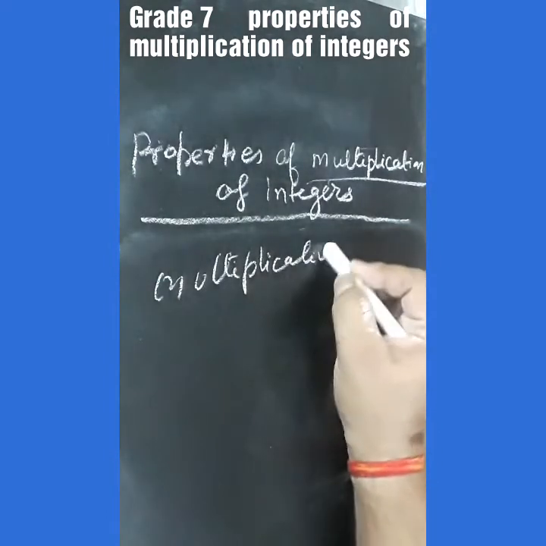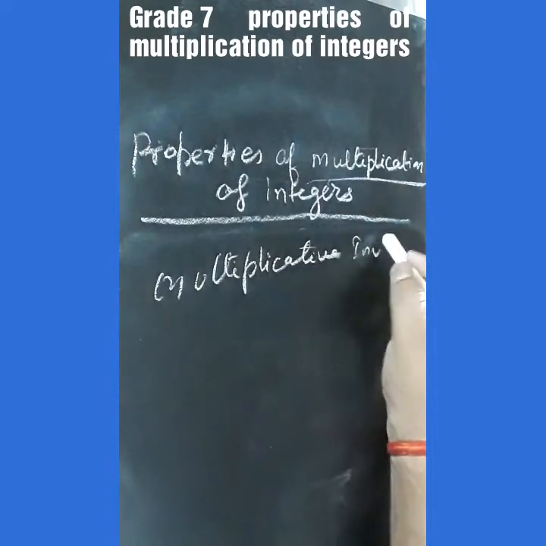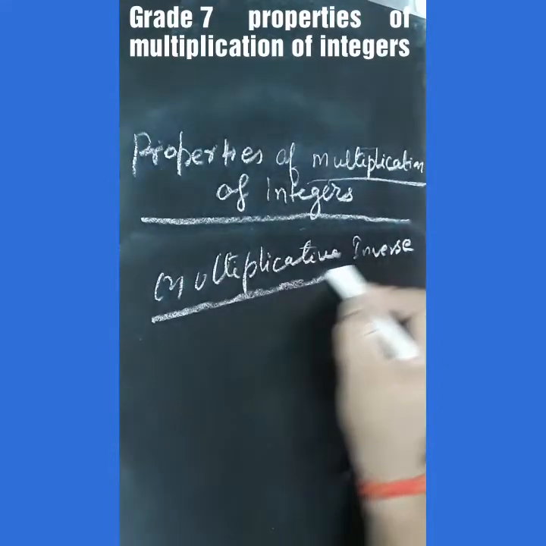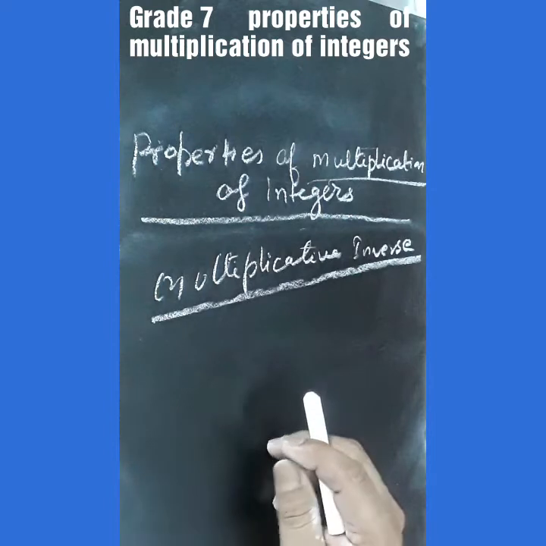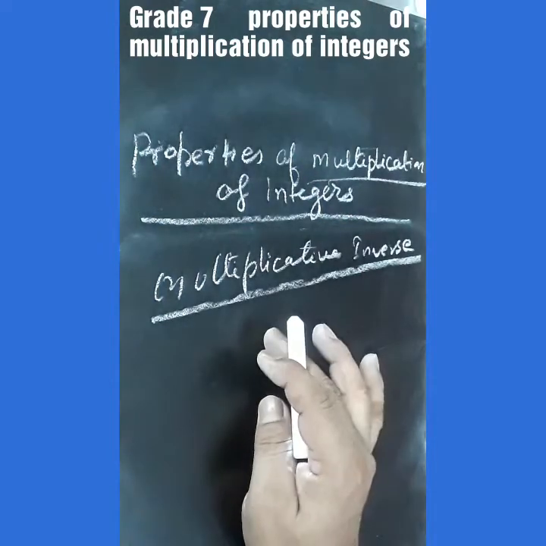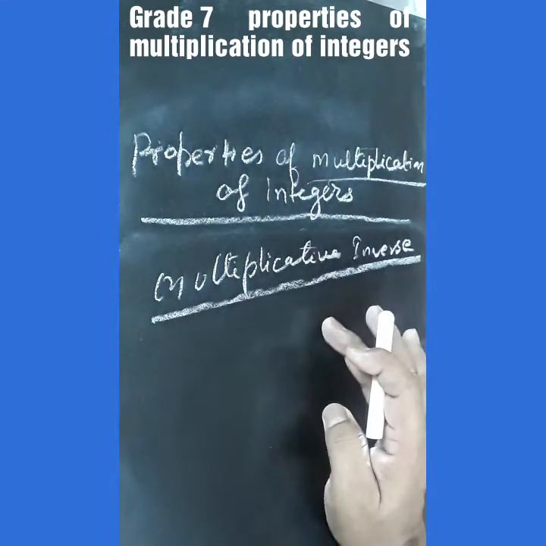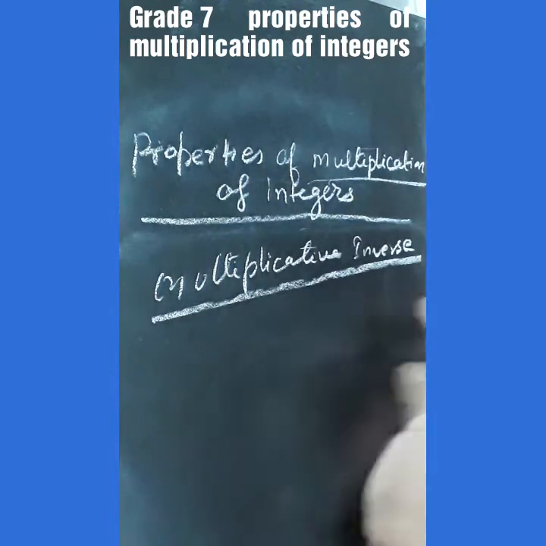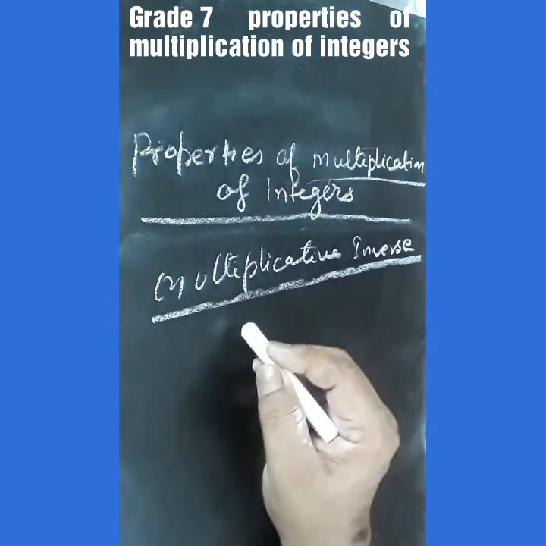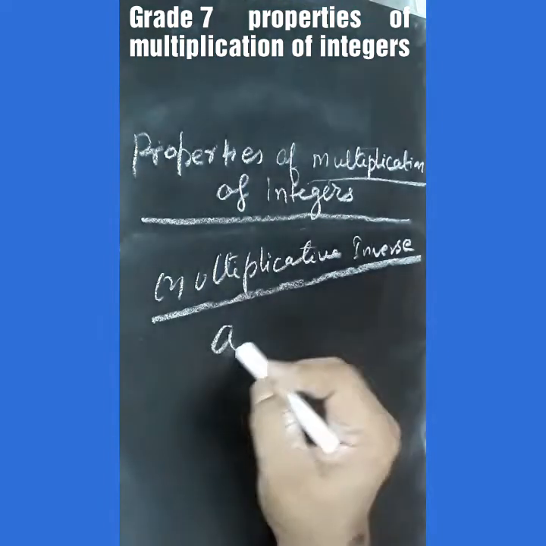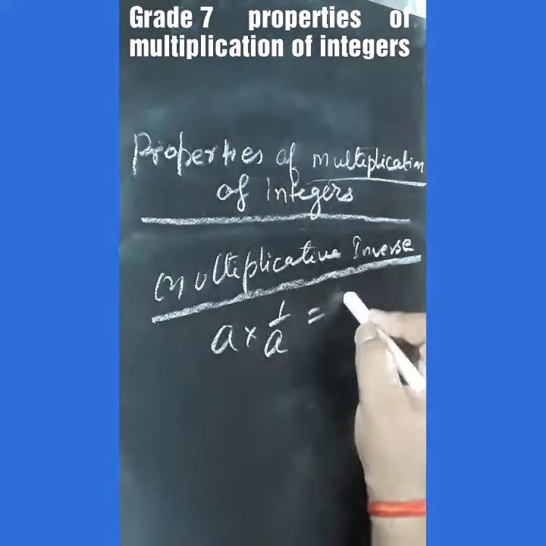Multiplicative inverse. Multiplicative inverse means any number multiplied by another number, and the result, if we get 1, then one is called multiplicative inverse of the other. Here we have a into 1 upon a, we will get 1.